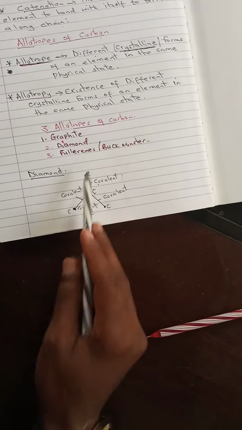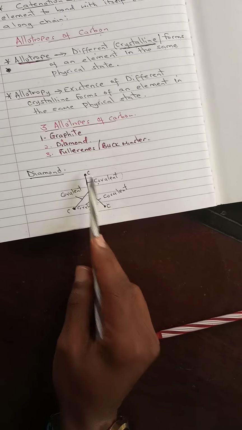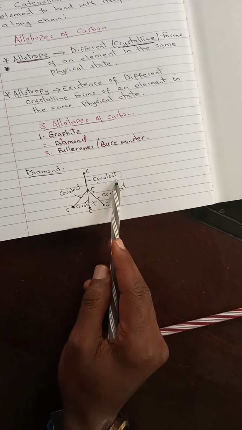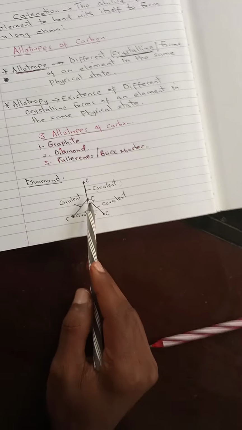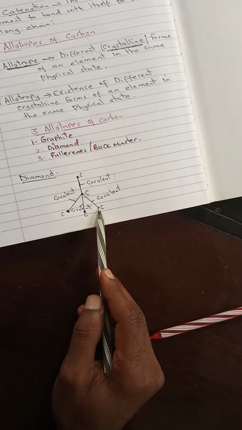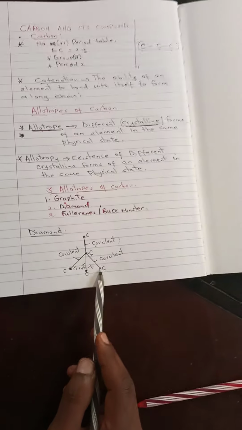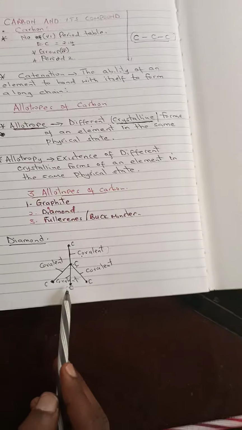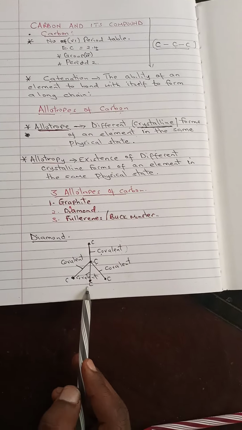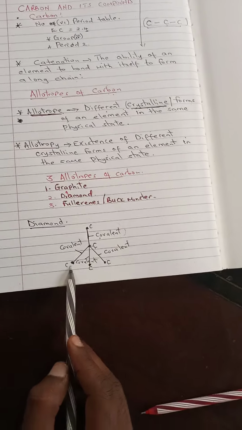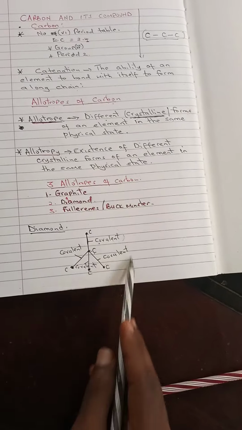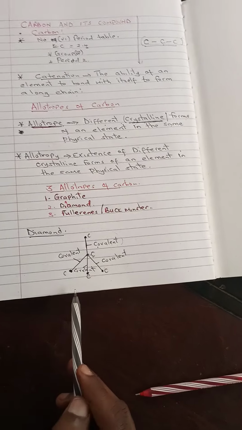Carbon to another carbon has been bonded together by a covalent bond, and another carbon here, covalent bond. So there is a uniformity in the strength of this covalent bond.